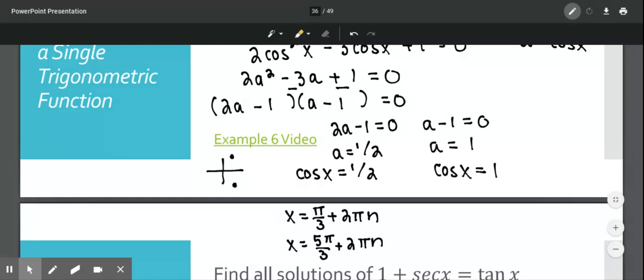And then cosine just equals 1 right here, and it only when you go around. So it's really when cosine equals 1. You could say when x is 0 plus 2 pi n, or you could just say 2 pi n. It means the same thing.